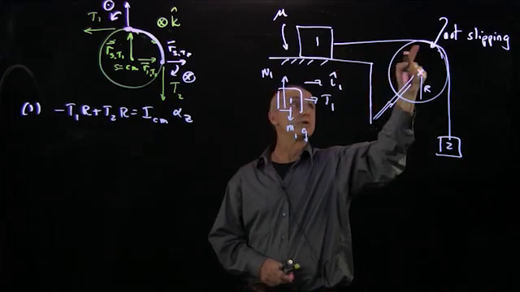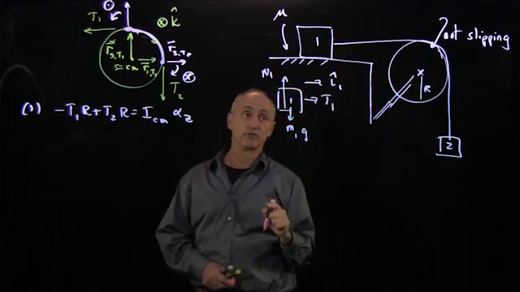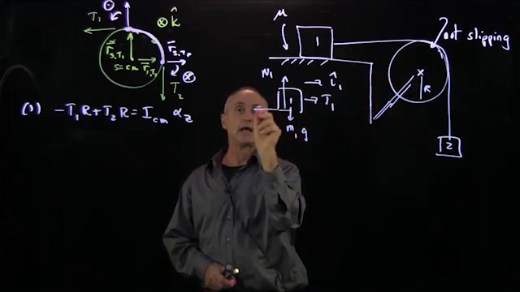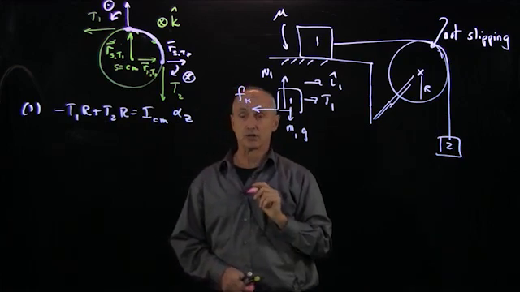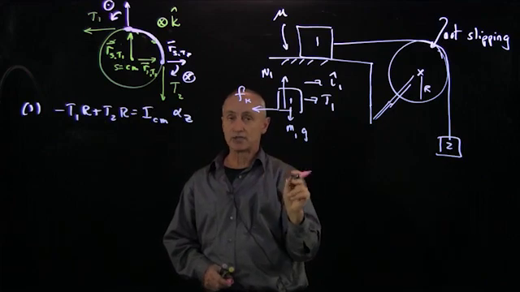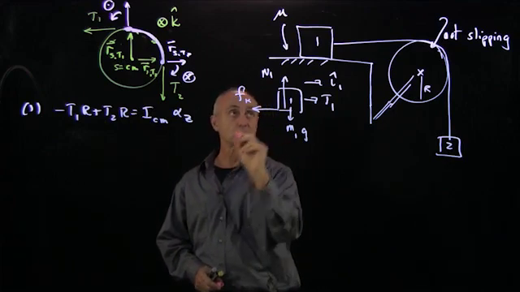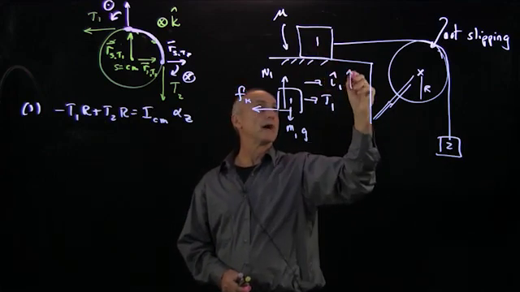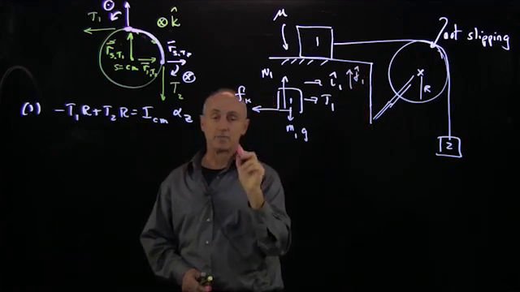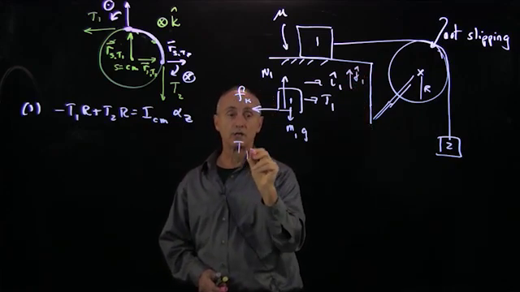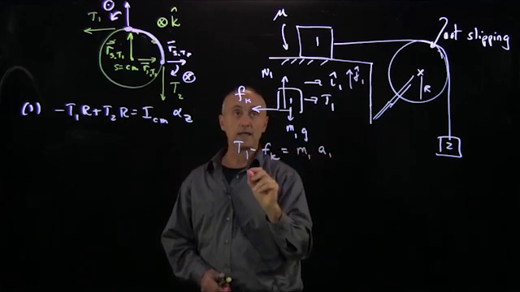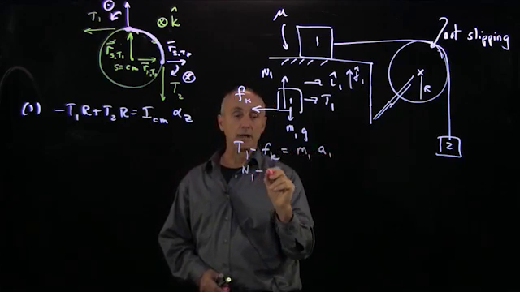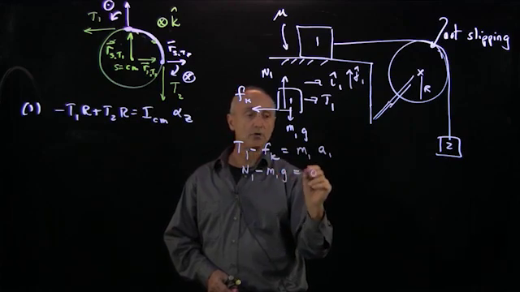The tension in the string is not changing. We're assuming it's a massless string. And I have a friction force on object 1, which is kinetic friction. And now I can write down Newton's second law in the horizontal direction. I could also call j hat 1 up. And my two equations for Newton's second law are T1 minus F_k is M1 A1, and N1 minus M1 g is 0.